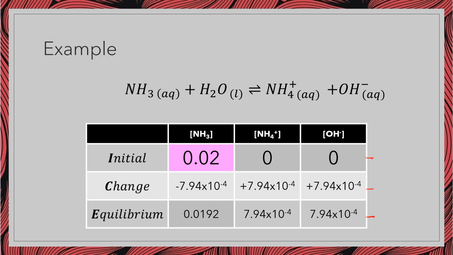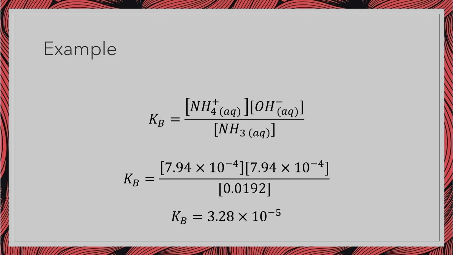And so we end up with 0.0192 as our concentration of ammonia, and 7.94 times 10 to the negative 4 as a concentration for both ammonium and hydroxide. Okay, Kb equation, products over reactants equals K. Plug in our values, we get our Kb.